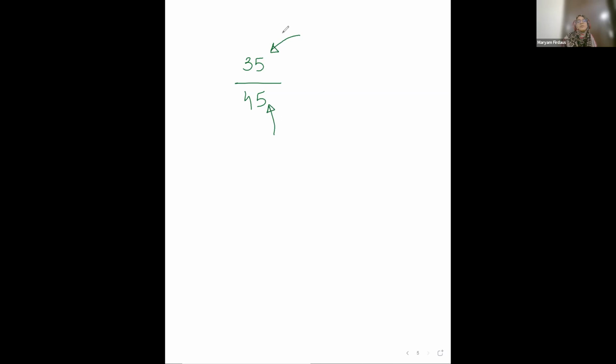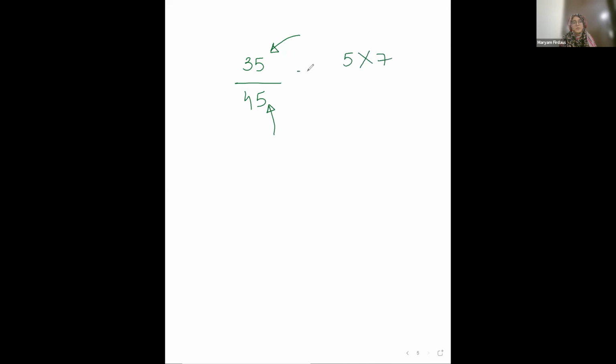So what are the factors of 35? 5, 1, 5, and 7. Yeah. You don't have to include 1. 1 is a factor, but you don't have to include it because it's a factor of everything. So we don't really talk about it much. Anyway, so 5 multiplied by 7.